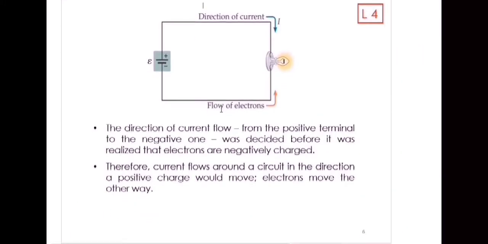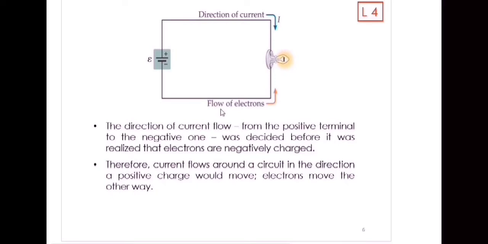To summarize, the direction of current flow would be in the same direction as the electric field, which is from the positive terminal to the negative terminal. Whereas the electron flows in the opposite direction, towards the positive terminal.